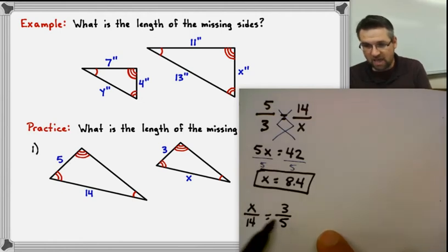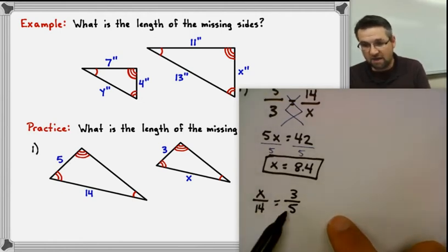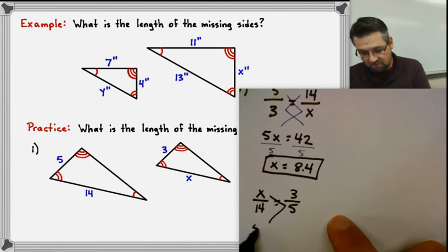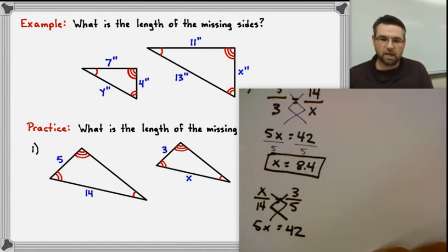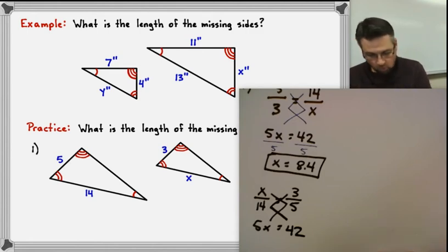When I multiply this, x times 5 is also 5x. Maybe I should do it. 5x, and then the 3 times the 14 becomes 42, which is exactly what I have up here. 5x equals 42. So there's a couple of different ways to look at it. Either way will work. So that is the answer. 8.4 is the answer to your problem.